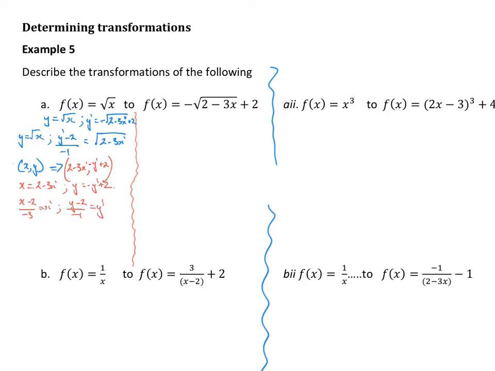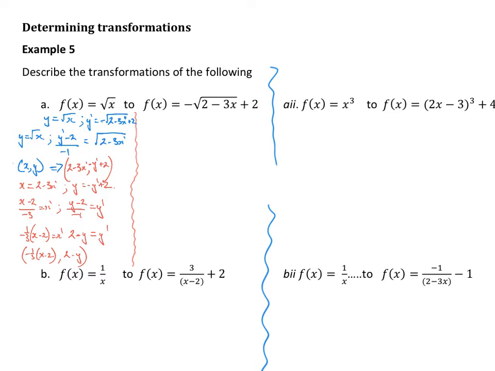Now let's tidy it up a bit: minus 1/3 of x minus 2 equals x dashed, and 2 minus y equals y dashed. So they describe my transformation. So now my new point is minus 1/3 x minus 2, 2 minus y.